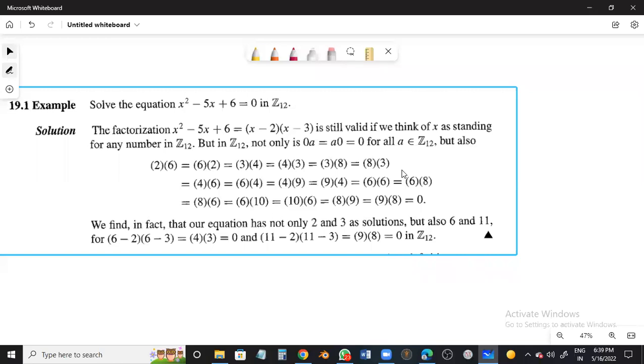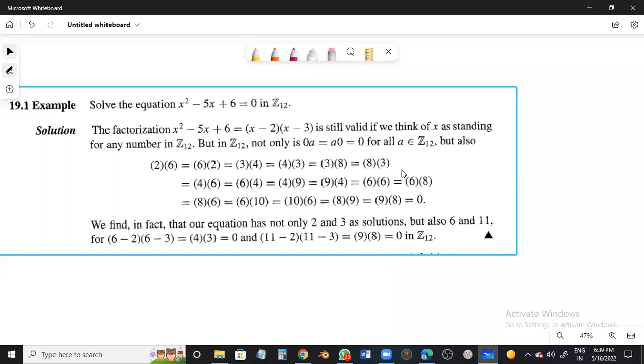So we will call them divisors of 0. If I solve this kind of equation in Z12, what is my answer? 2 and 3 is one of the pairs. But you can see 6 is also an answer.